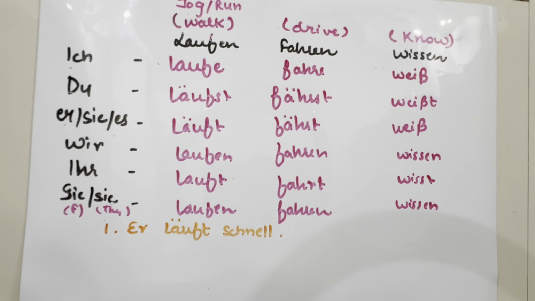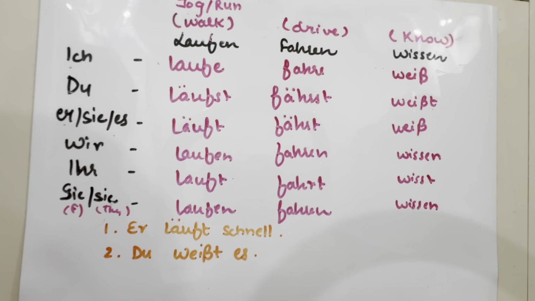The first example that we are going to look at is er läuft schnell. This means that he runs fast. Next example, we are going to use the verb wissen, which means to know. The example is du weißt es, which means you know it.